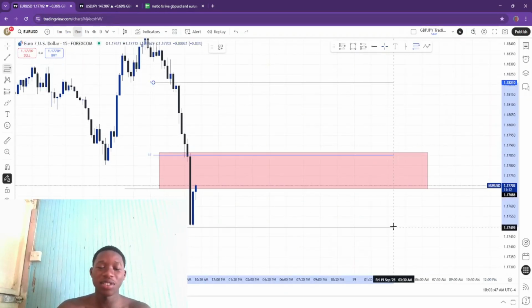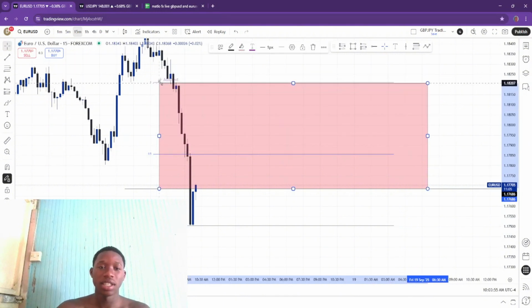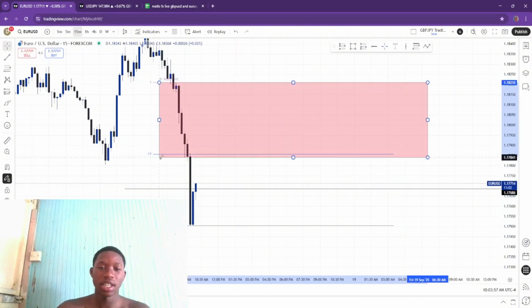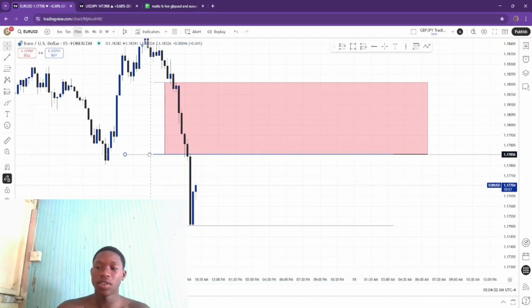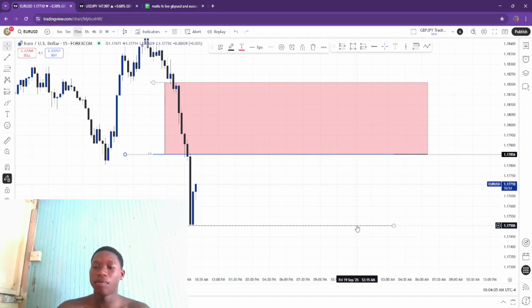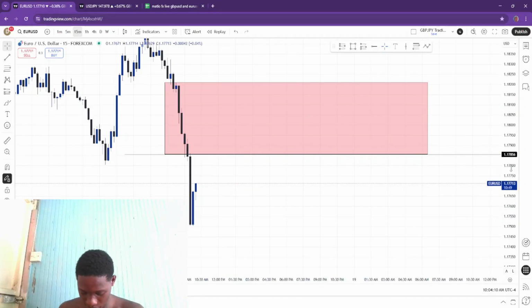Sure, we could have taken a trade there that we didn't want to take. The halfway point is actually 17856, waiting for price to cross on top of that.